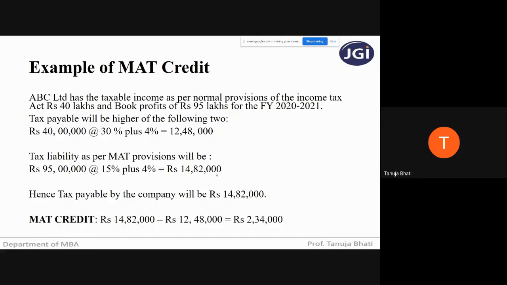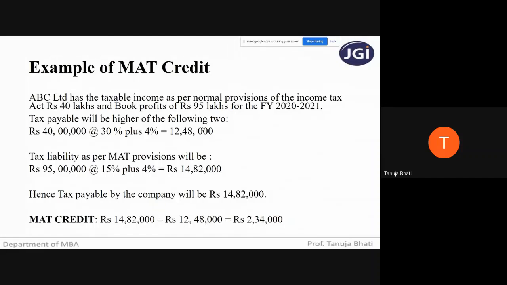So MAT credit will come into picture only when you're paying tax to the government as per the calculations of MAT provisions. So is this example clear, students? Yes, ma'am.